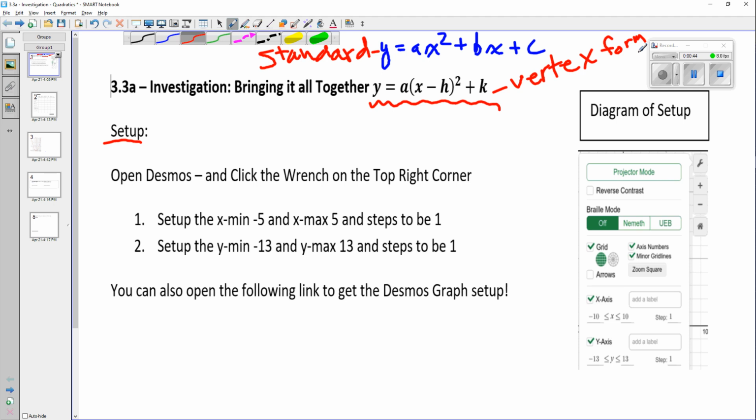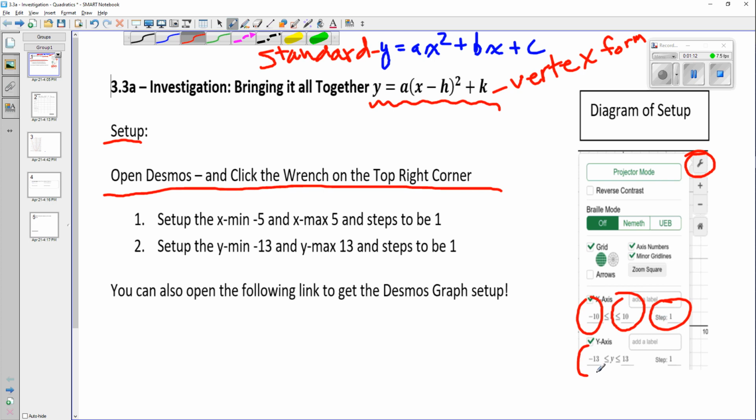So what I want you to do is make sure you set up Desmos on your computer or your tablet or your phone and set the graph, not your table, the actual graph, to have these specific values: -10 and 10 for the x-axis with a step of 1, and then -13 and +13 for its y values as well.